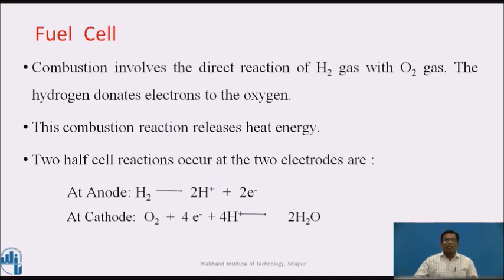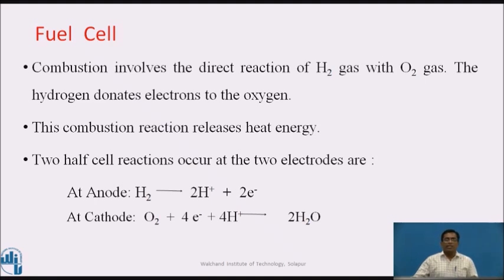Here, the hydrogen donates electrons, that is, it undergoes oxidation and loses its electrons, whereas the oxygen accepts these electrons. So hydrogen gets converted into H plus ions, and oxygen accepts the electrons released from the hydrogen, and the hydrogen ions and oxygen ions combine with each other and form a water molecule. This combustion reaction releases heat energy.